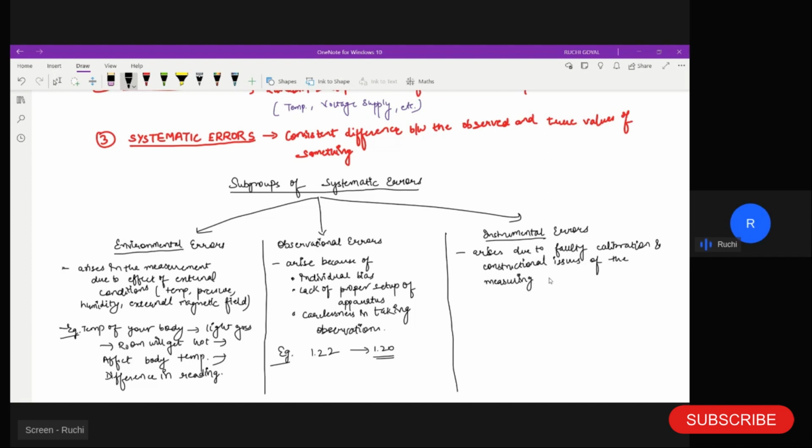We are using an instrument to measure the value, so if it has a problem, then the error will occur. Such errors also arise due to friction, and due to hysteresis of the equipment.